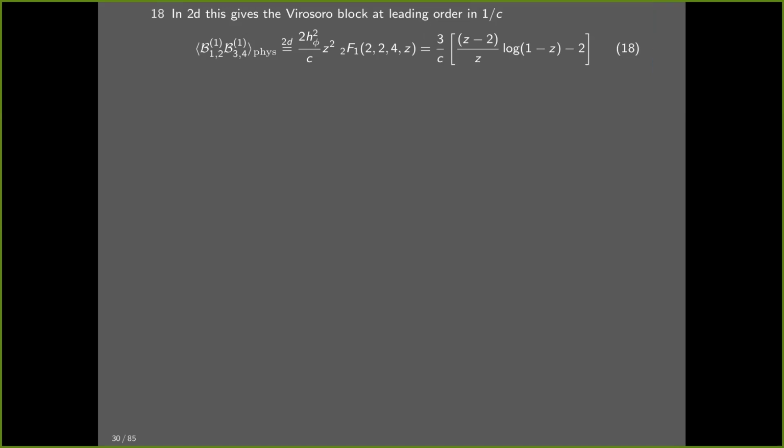Sorry, I'm confused about Shubham's question. I thought that at large C, you only have the global part of the Virasoro, which is precisely this 2F1, right? In large C, you only have the global block.